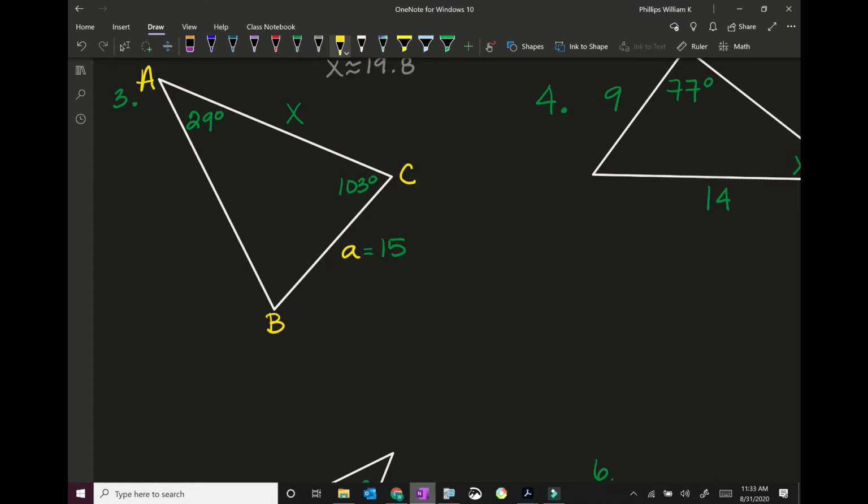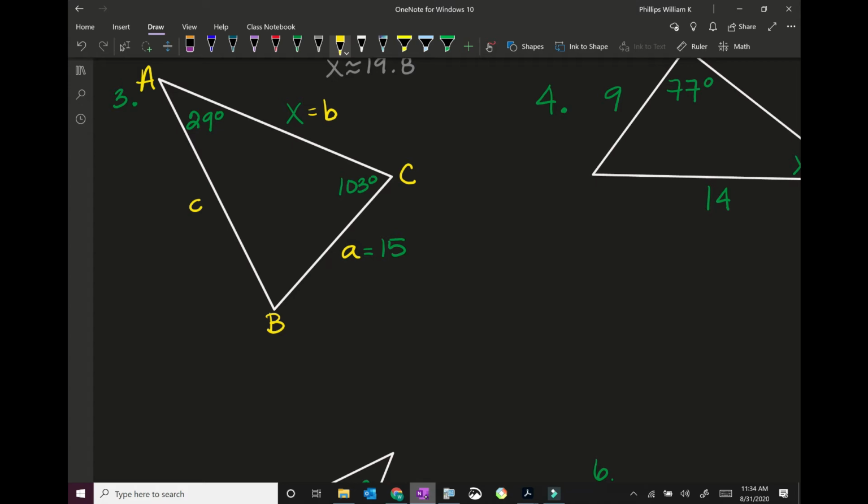And then across from angle B is leg B, and then across from angle C is leg C. Now, we're looking to solve for x, so we have to have the value of angle B. They don't give us that, but they do give us the two angles that are already in the triangle here, 29 degrees and 103. So what I'm going to do is add these two together, 29 plus 103, and that gives me 132 degrees.